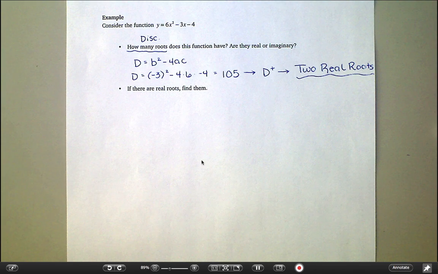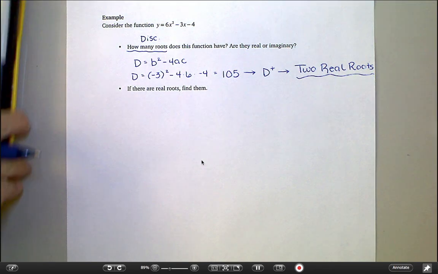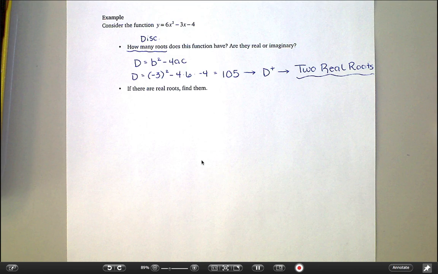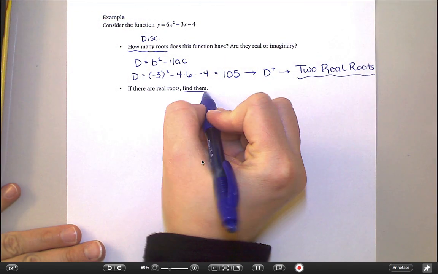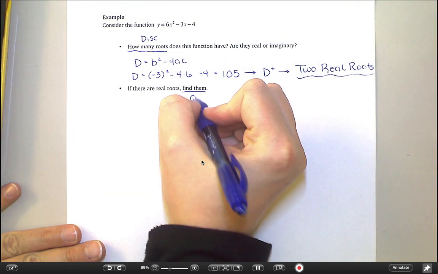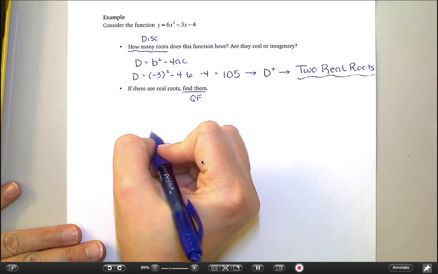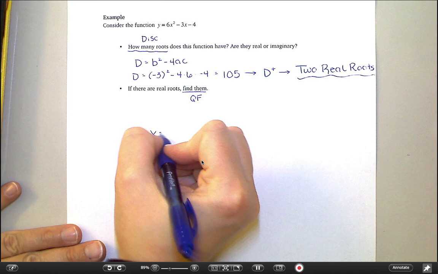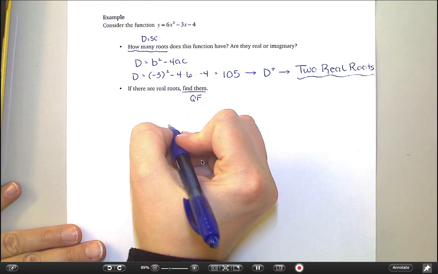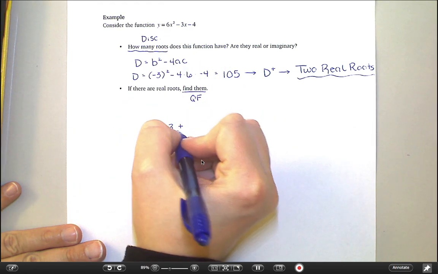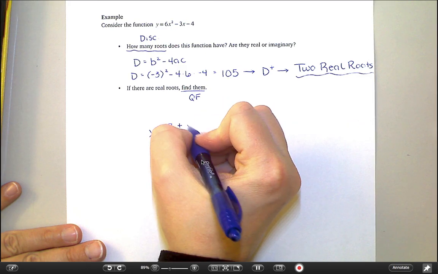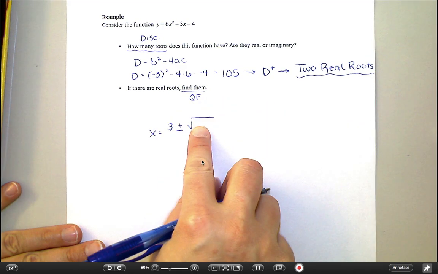Then it says if there are real roots, go ahead and find what they are. All right, well, honeymoon's over. If I actually have to find what the roots are, that's where I'm using the quadratic formula. So I'm going to have to go back and do the entire quadratic formula here. X equals negative b, so that'd be positive 3, plus or minus. Now the good news here is I already know what this thing underneath the square root equals.